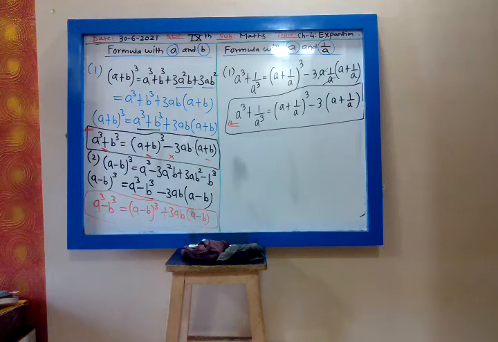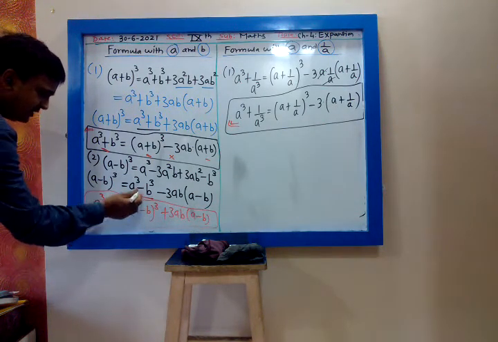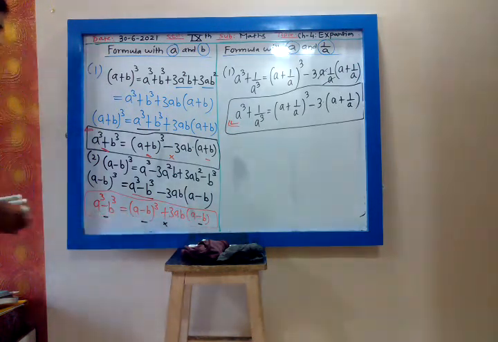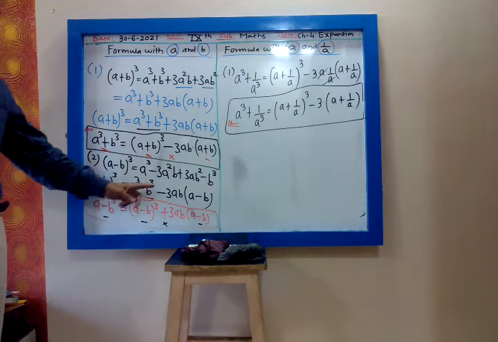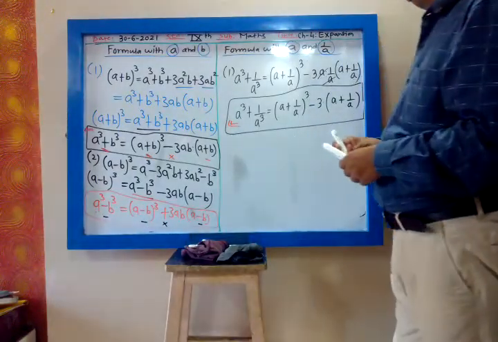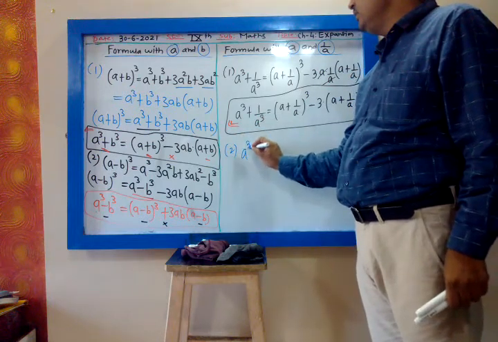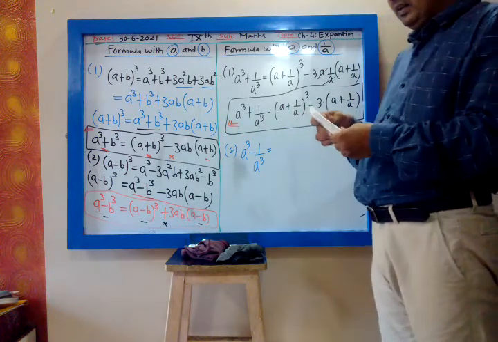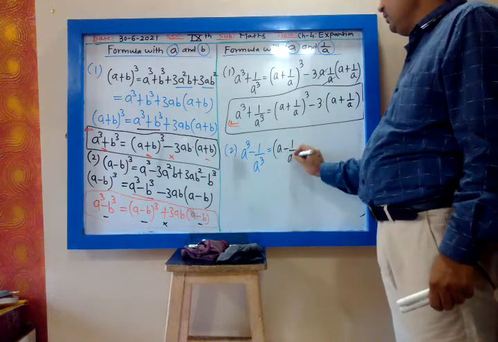Again, what observation you have to make? Whenever it is minus, inside bracket minus, outside bracket plus. The same formula we can derive for a³ − 1/a³. Without looking at the formula, we can write the answer: (a − 1/a) whole cube.